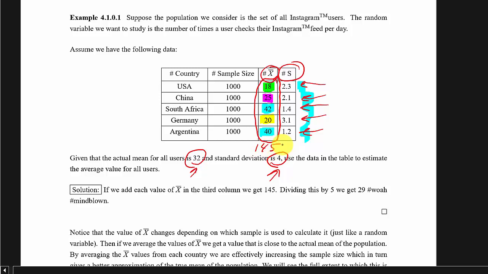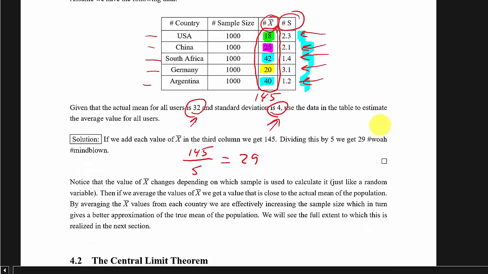And then if we take the 145 and divide it by 1, 2, 3, 4, 5, that gives us an answer of 29.